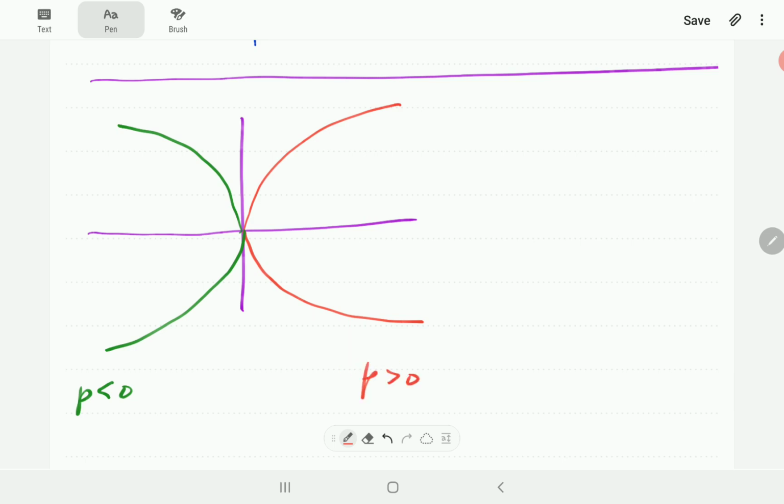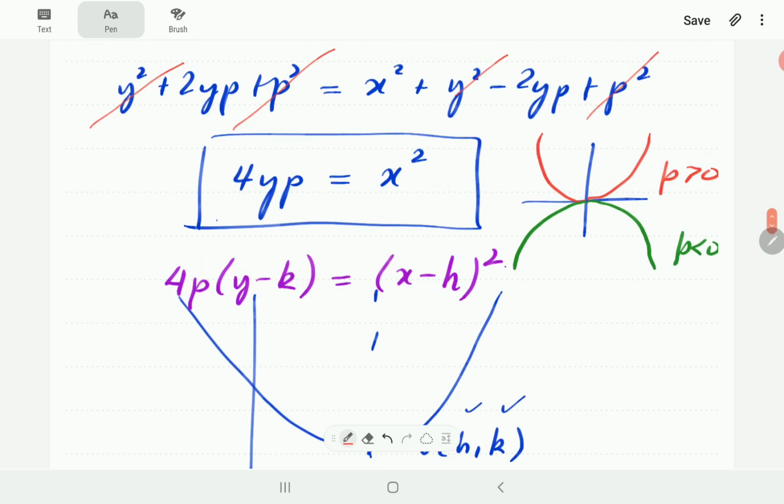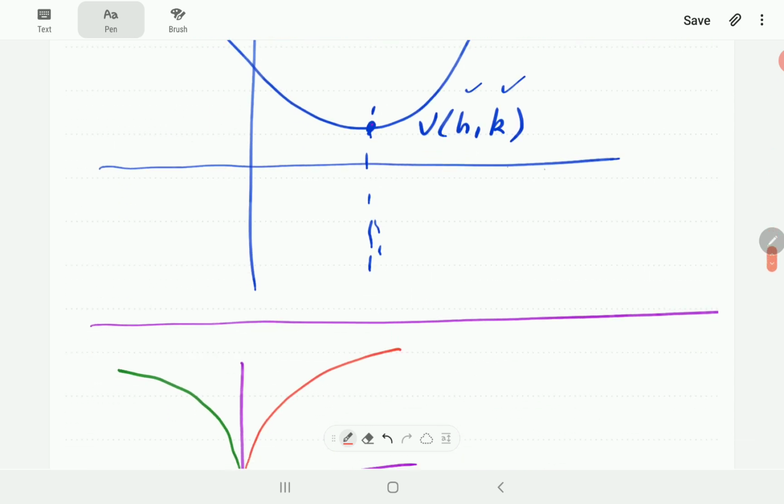So p is positive here. Otherwise, the equation is going to be like this one, but x and y change roles.